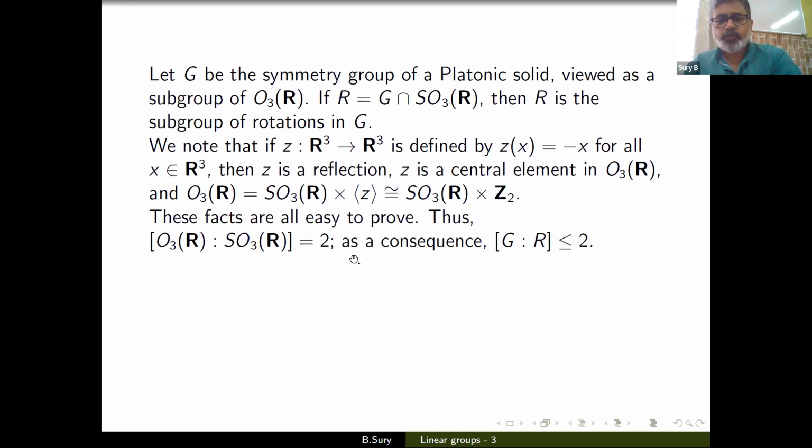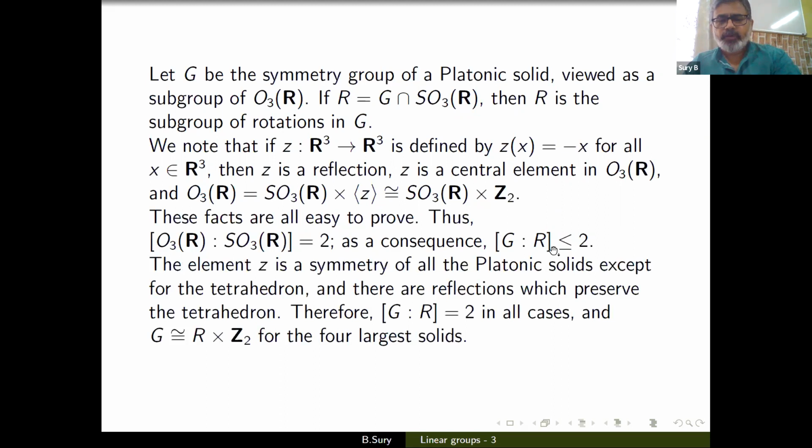These are all, of course, easy group theoretic facts. So in particular, G, the Platonic symmetry group, is a subgroup of O3.